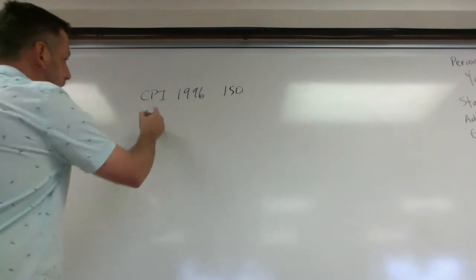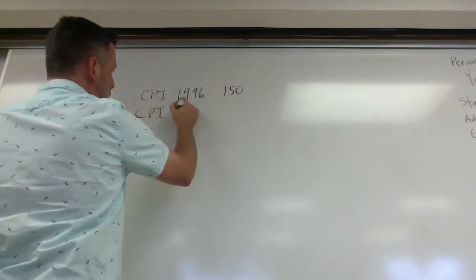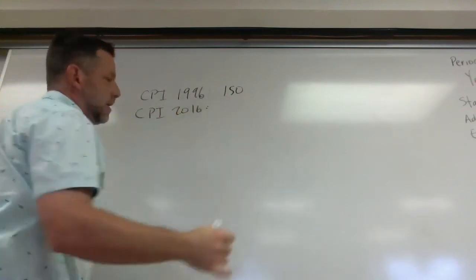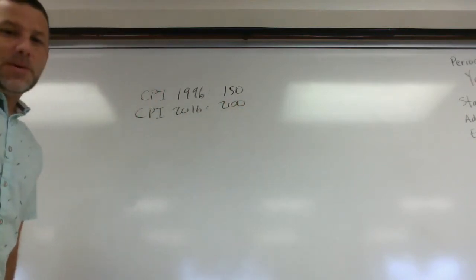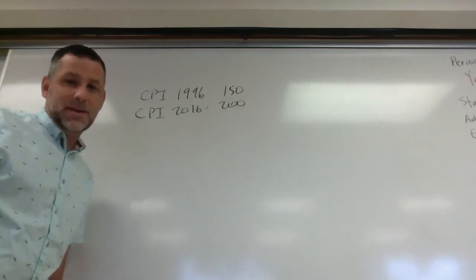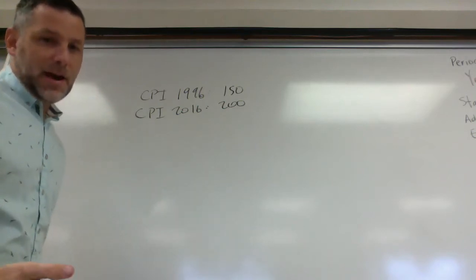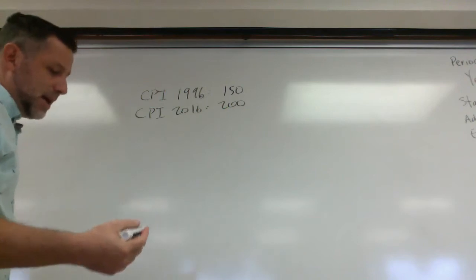And then the CPI for 2016 was 200. Well, if we had those CPI numbers, we can plug them back into that growth formula to find out what the rate of inflation over that time period was.